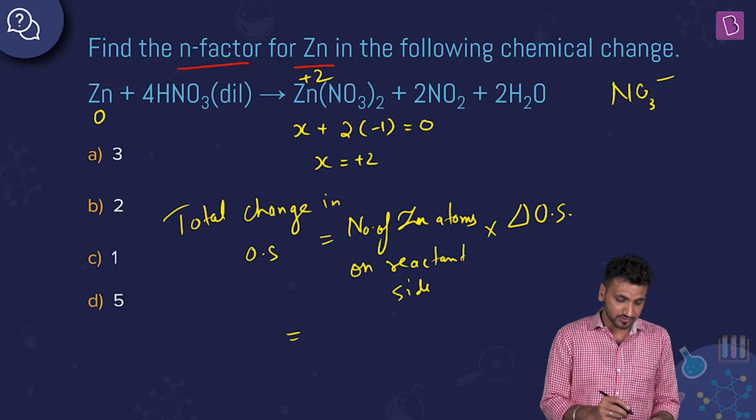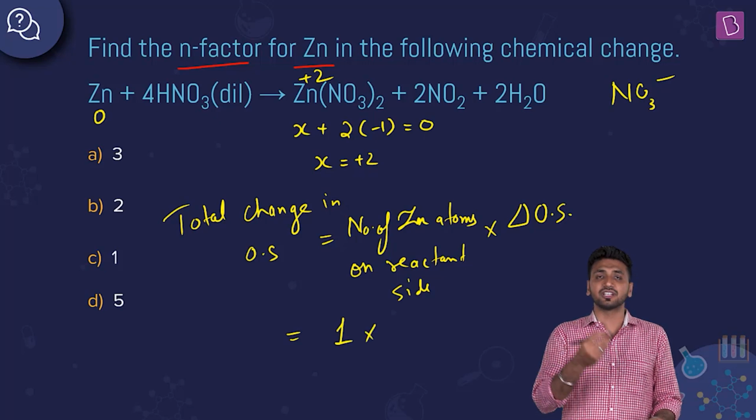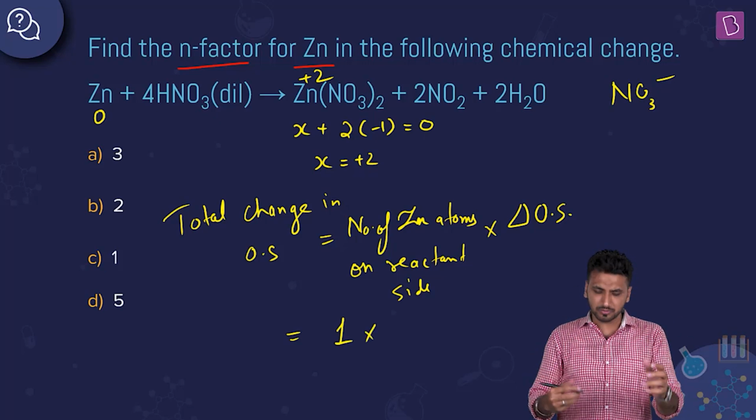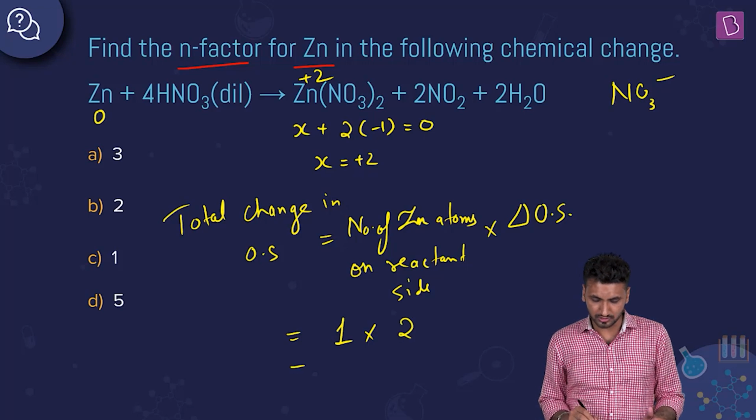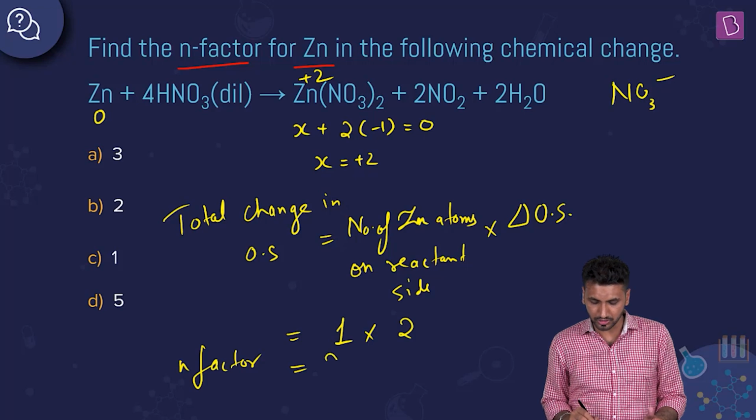So how many zinc atoms do you have? You have only one zinc atom, into the change. It is going from 0 to plus 2. Change will be 2. So the N factor for zinc is coming out to be 2.